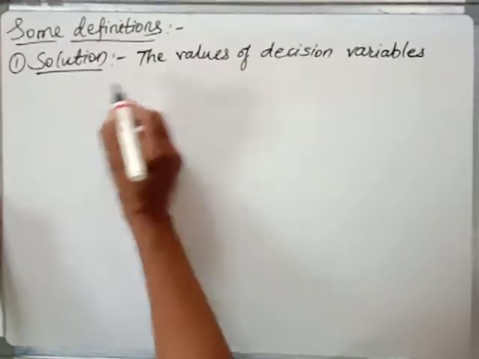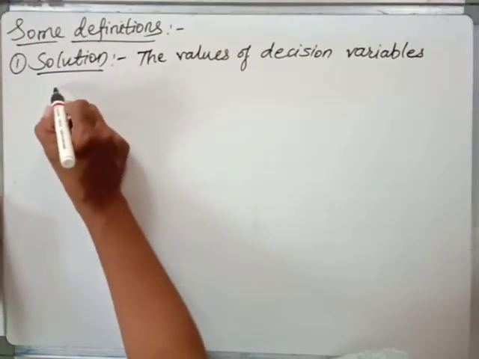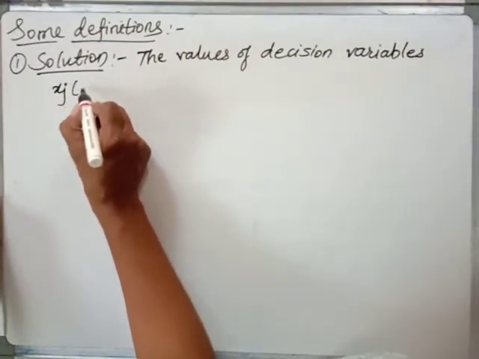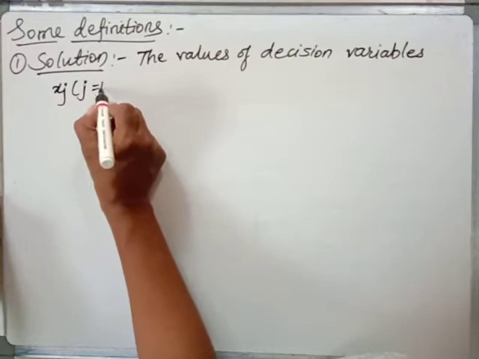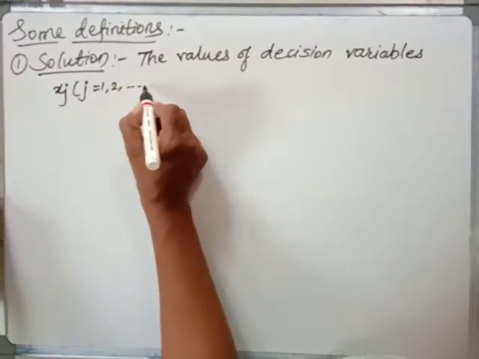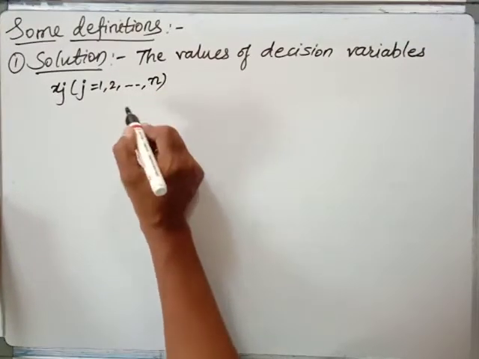the values of decision variables. We had assumed the decision variables as xj, where in general form j goes from 1 to n.